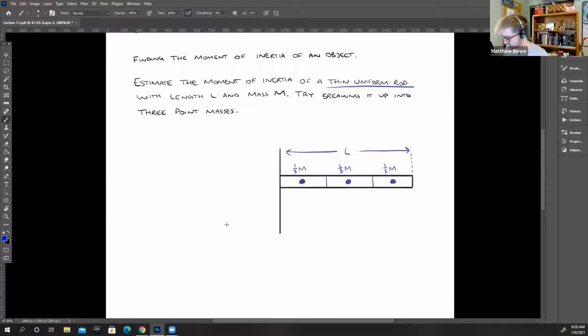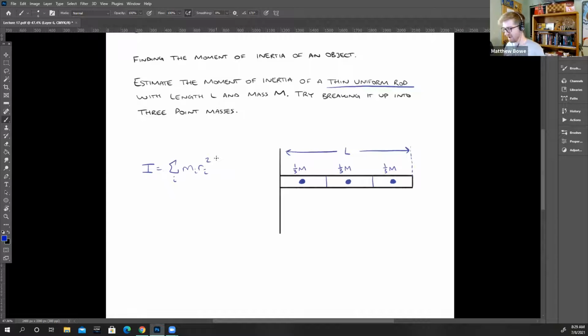So let's start out by writing the moment of inertia equation that we already know. I try to keep this neat looking. I equals the summation of all of the masses we're given and the distance these masses are from the axis of rotation.